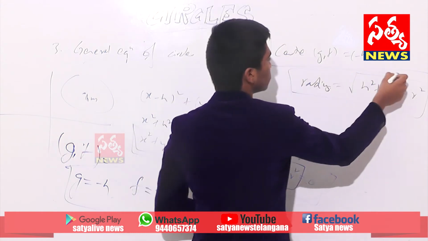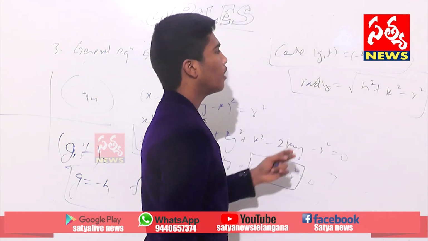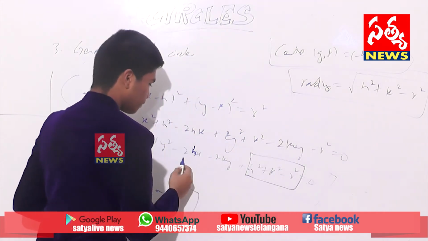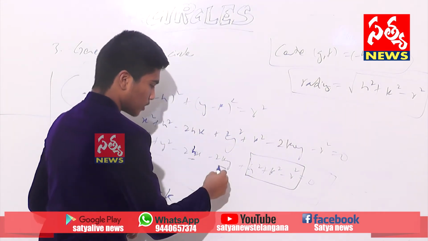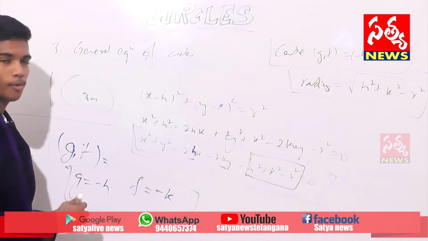The center is g comma f, which is minus h comma minus k. Hope you got it.